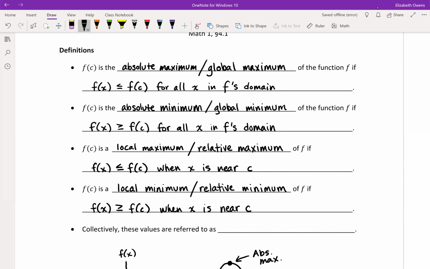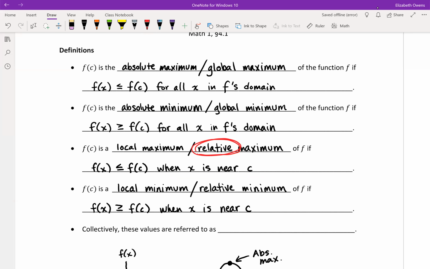Okay, and the thought process behind those terms is that we're looking at values relative to what is around them. So when x is near c, we would say this is a relative maximum if it's the highest y value relative to the other y values in that area.